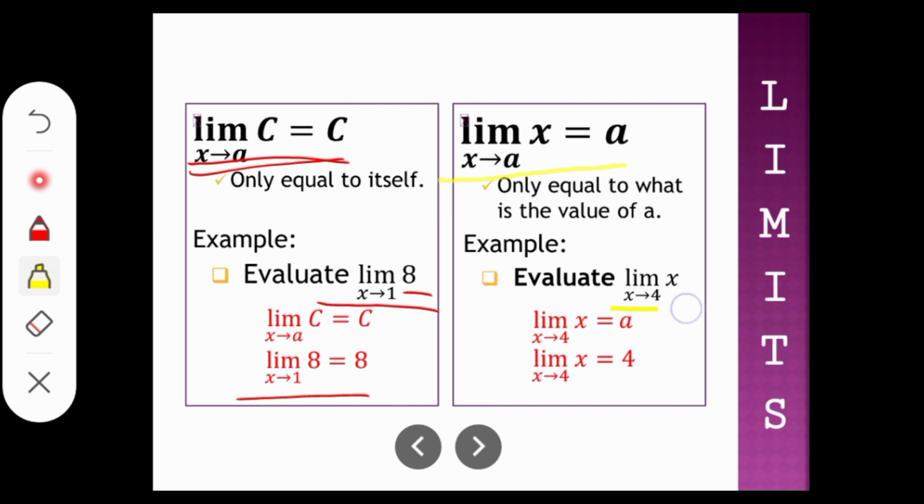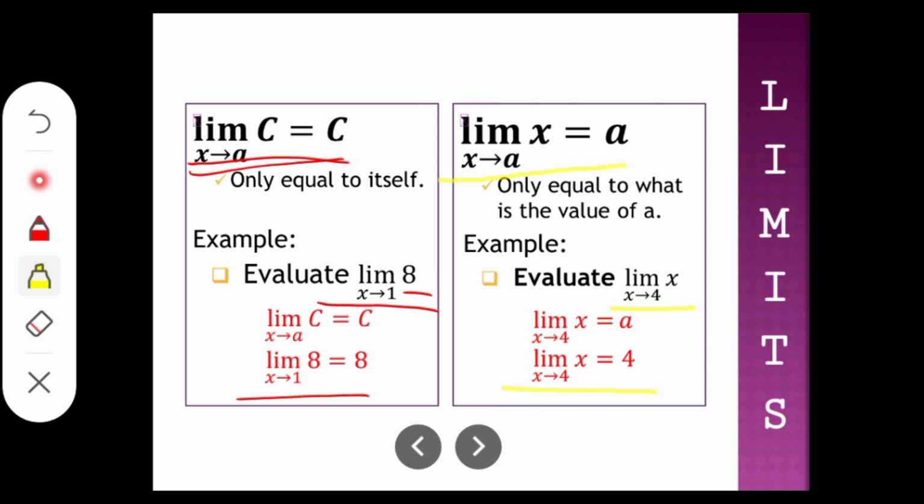In our given, the value of our a is 4. For information, a is any real number or real value. So the limit of x as x approaches 4 is equal to 4. That is our second property.